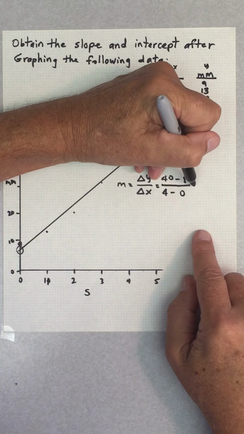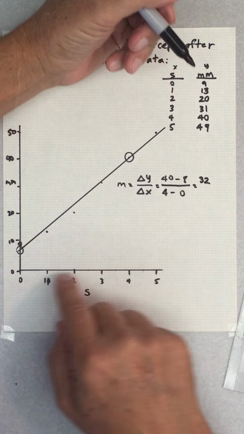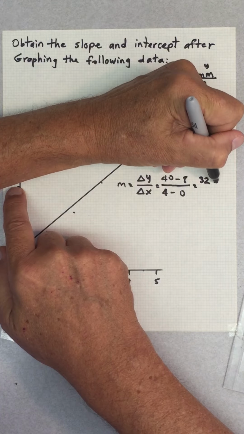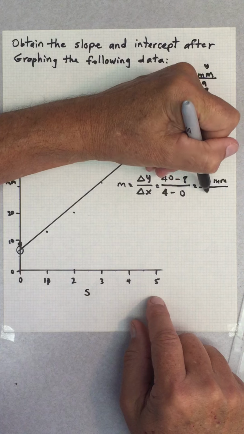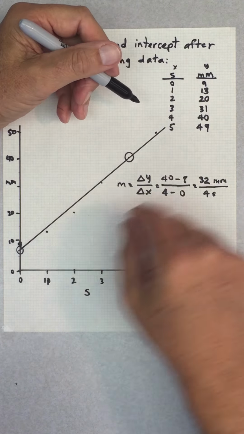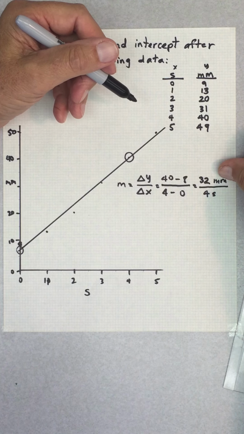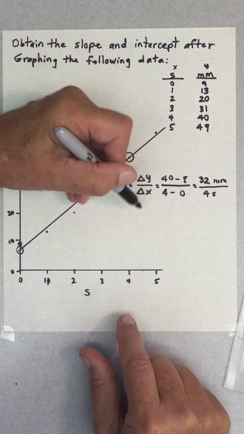So this would give me 32, and of course y is millimeters, and this would give me 4 seconds. So the slope of this line is that for every 32 millimeters, it takes 4 seconds.